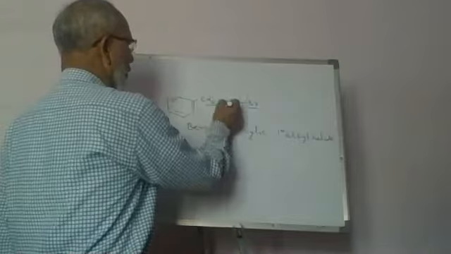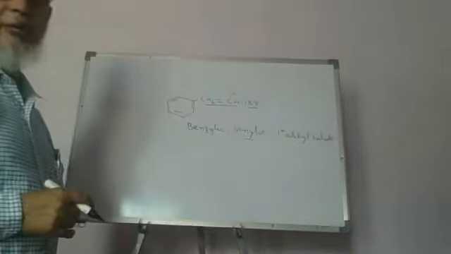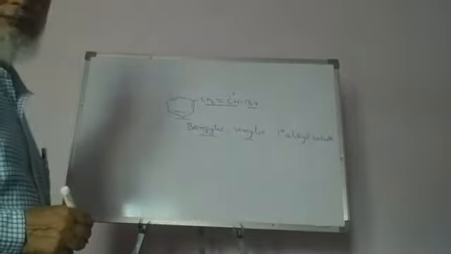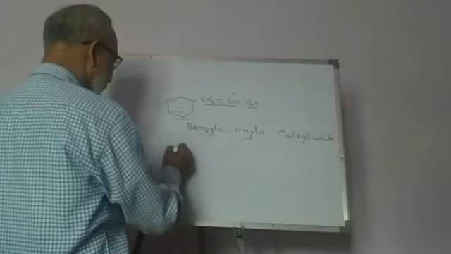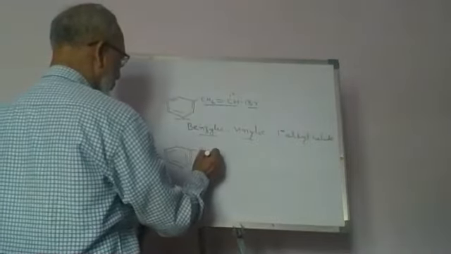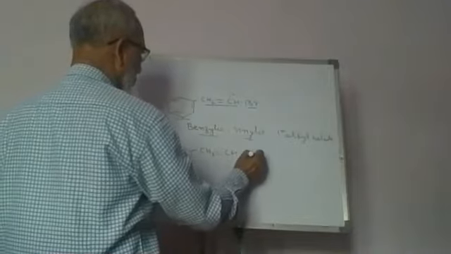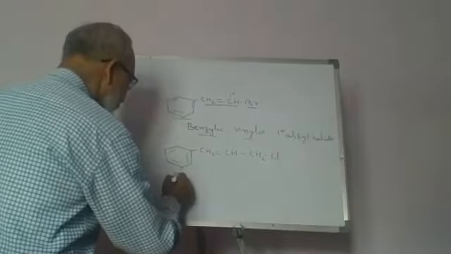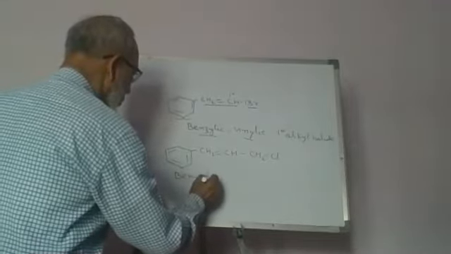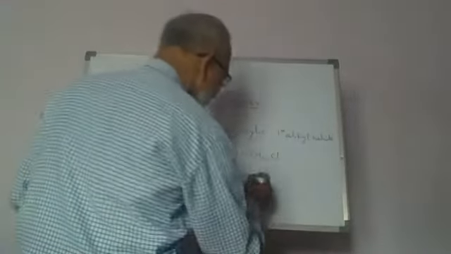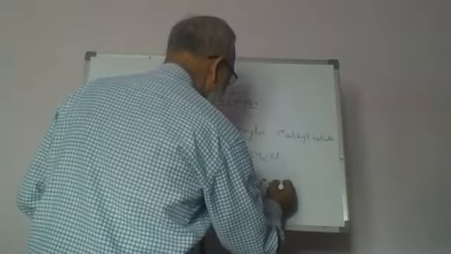Vinylic, because the halogen atom is directly attached with a double bonded sp2 hybridized carbon, and benzylic because of the presence of benzene nucleus. Similarly, this compound. This will be your benzylic, allylic, and primary alkyl halide.